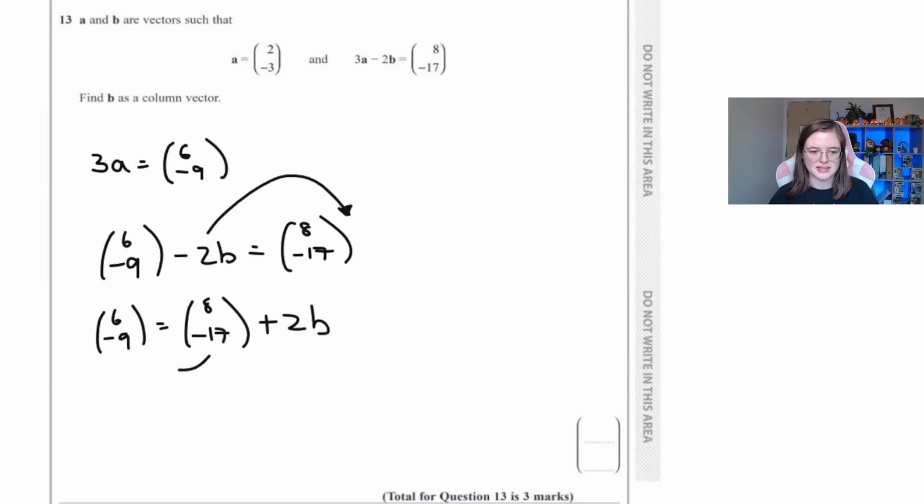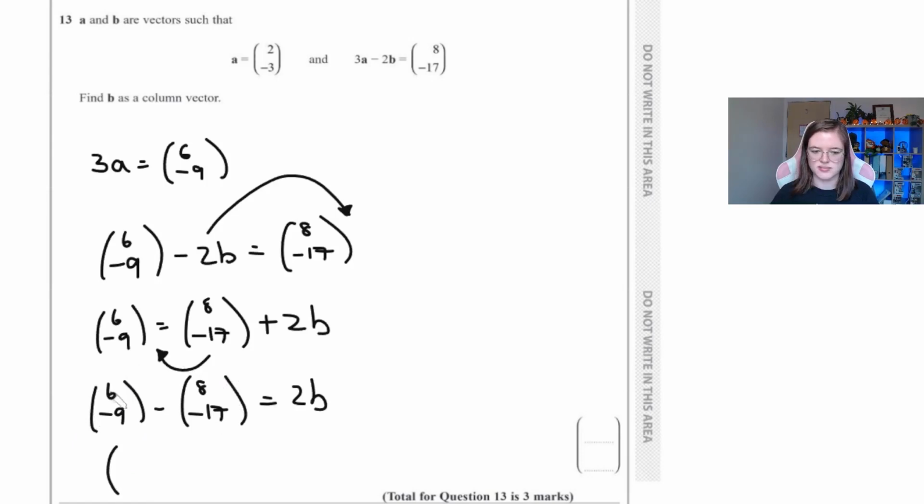Then we take this over here, subtract it, move it over there. Then (6, -9) take away (8, -17) is equal to 2B. Solving this, with column vectors you just take them away. So 6 minus 8, that's minus 2.